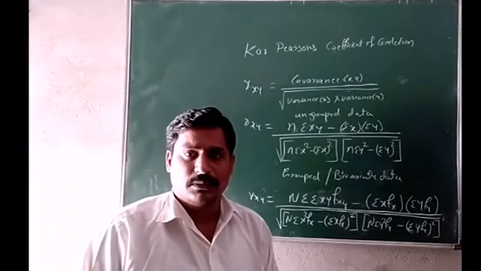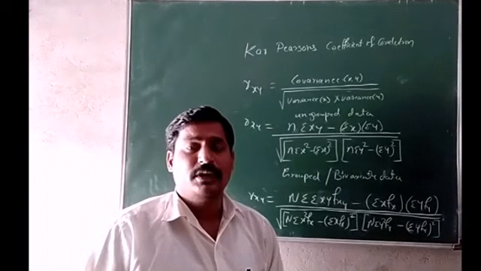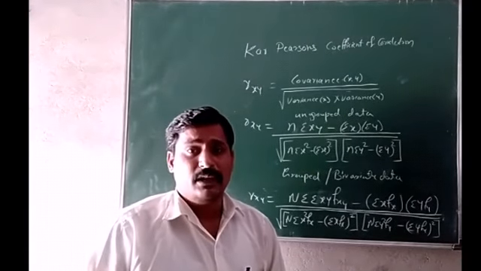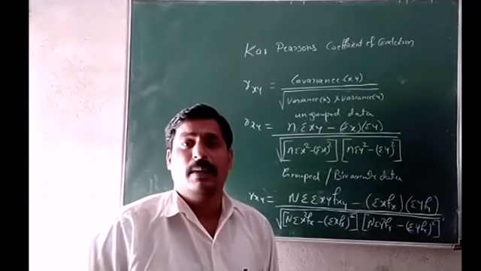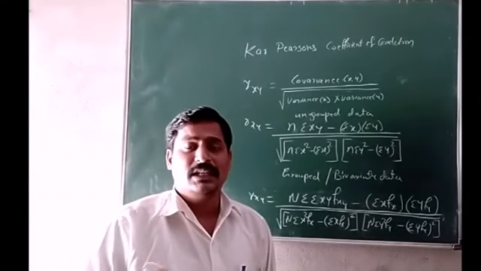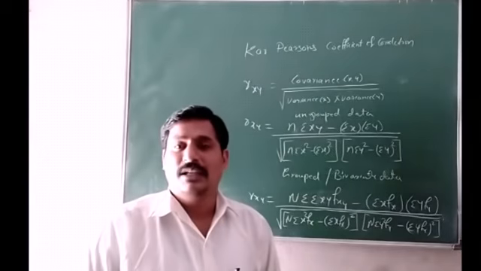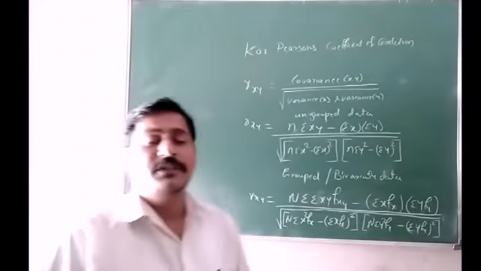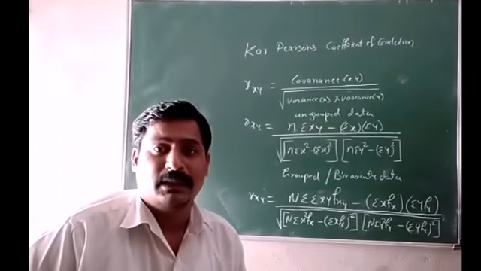Because 10 into 10, if you multiply, gives 100. Suppose you multiply a 3-digit and a 4-digit number, then just imagine the number of digits we get in the product of two variables. So it becomes difficult to solve the problem by using a direct method.